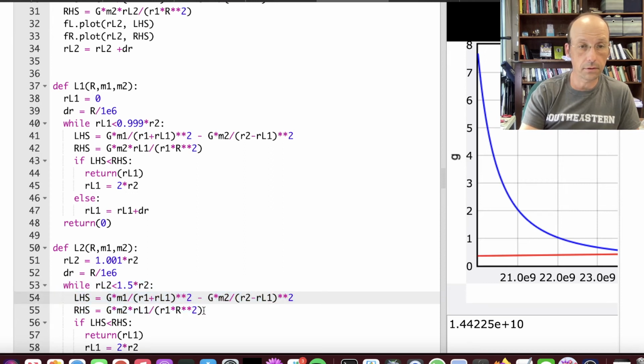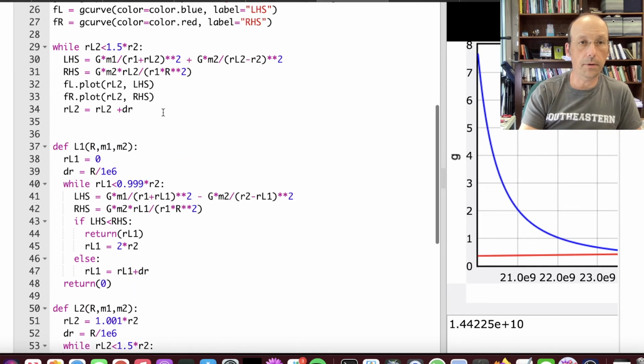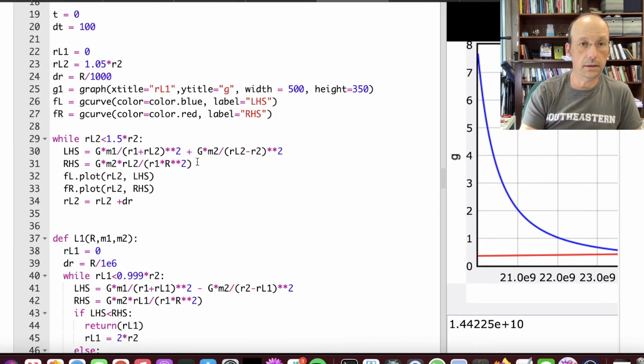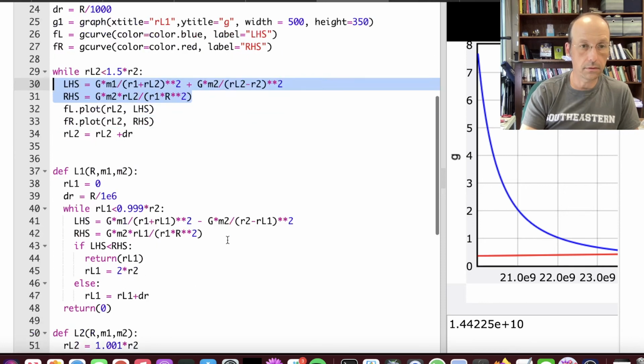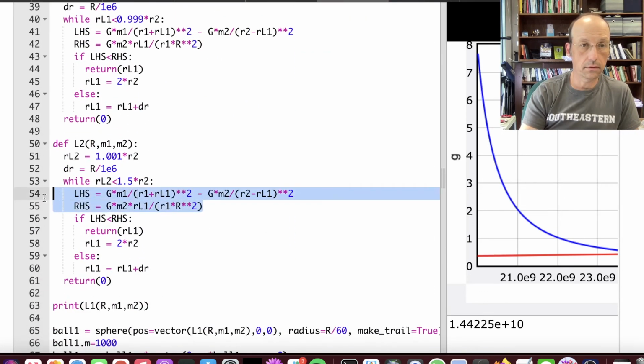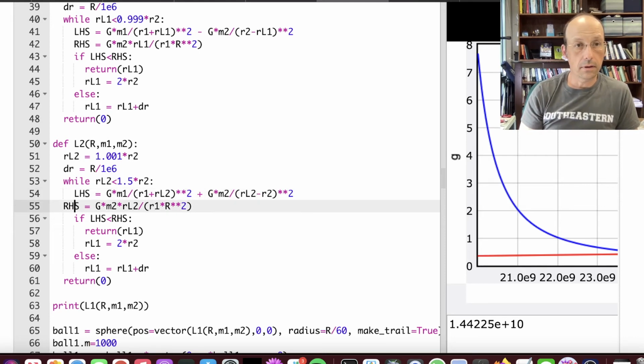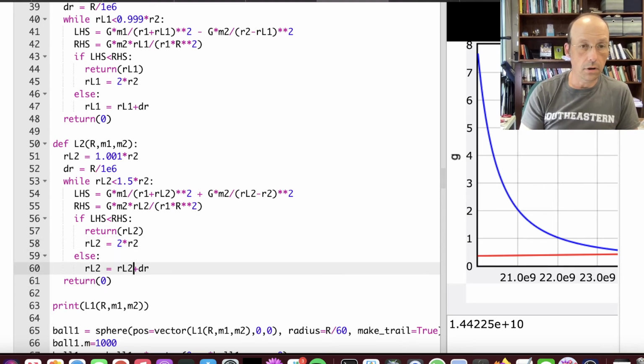Oops, not too much. No, they didn't do it. Oh, that's not what I want to copy. I want to copy this right here. Tab, tab, RL2, RL2, RL2, RL2.